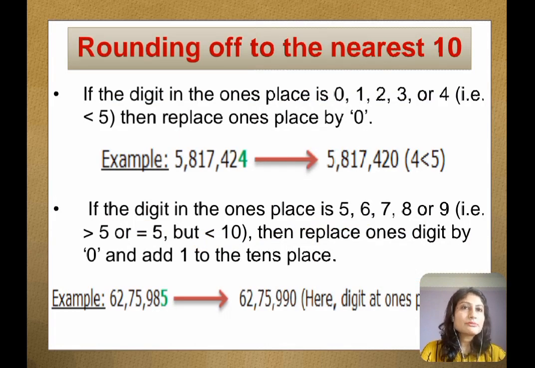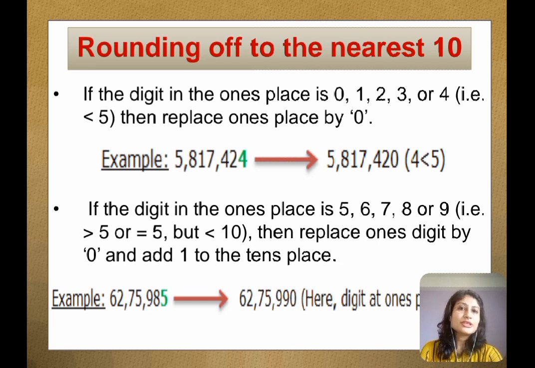Next topic is about rounding off to the nearest 10. For that you have to remember this rule. If unit place digit is less than 5, that means it is equal to 0, 1, 2, 3 or 4, then you have to replace it using 0.